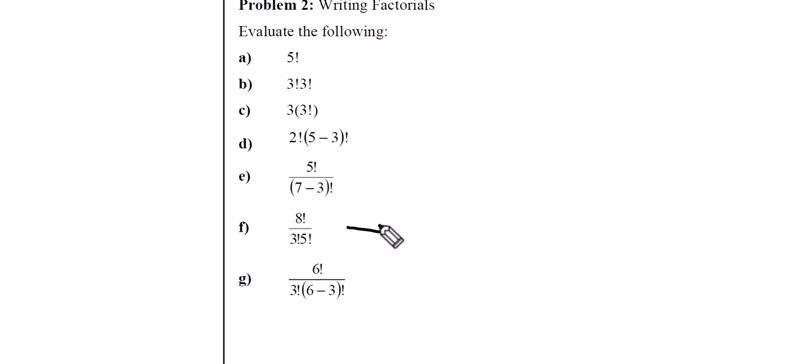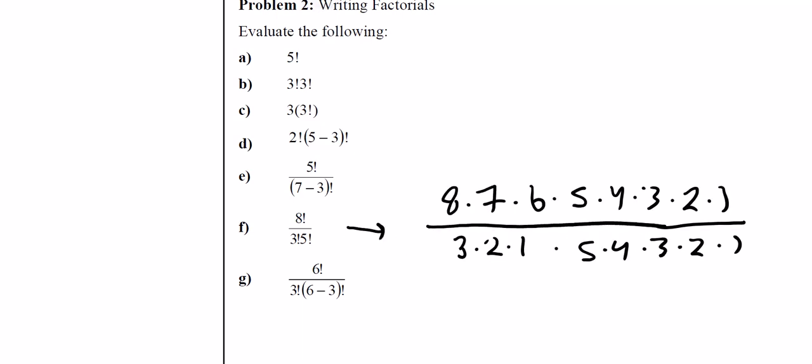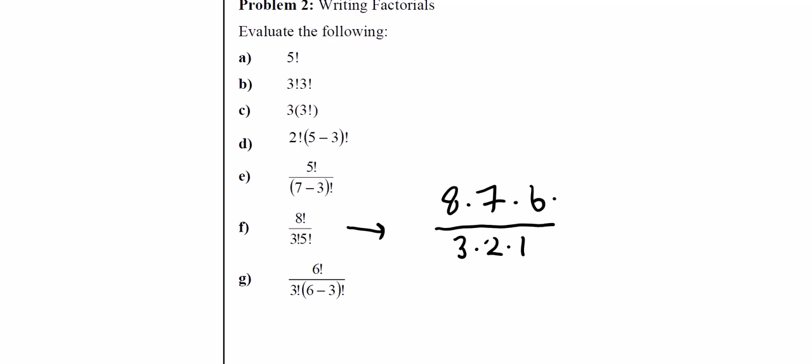F. So your setup should look something like this, right? The 3 factorial is here, and then the 5 factorial is here. You'll note that the 5, 4, 3, 2, 1s cancel out. And at this point, if you want to put it into the calculator, you can. You're going to get that the answer is 56.